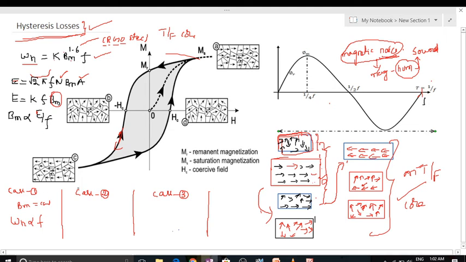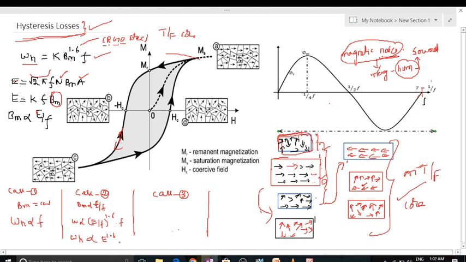Now in the second case I am assuming the E by F ratio is variable, so B max is directly proportional to E by F. If I substitute B max equal to E by F in the hysteresis equation, it becomes E by F to the power 1.6 into F. So hysteresis losses are proportional to E to the power 1.6 in the numerator, and F to the power 1.6 in the denominator, with F in the numerator.